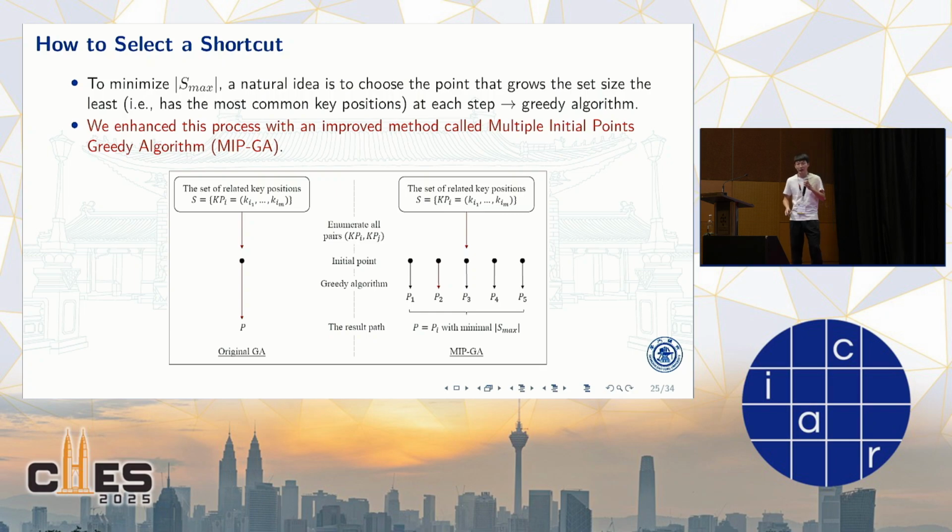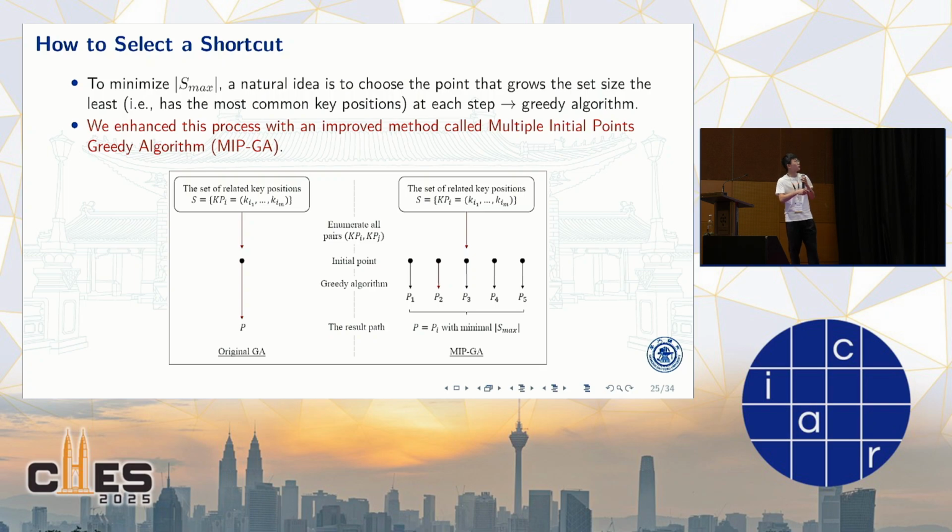Then how to select a shortcut? A simple idea is just to minimize the set at every step, and this comes to the simple greedy algorithm. But the original greedy algorithm is not so good, and we enhance this process by proposing an improved method called the multiple initial point greedy algorithm. The idea is very simple.